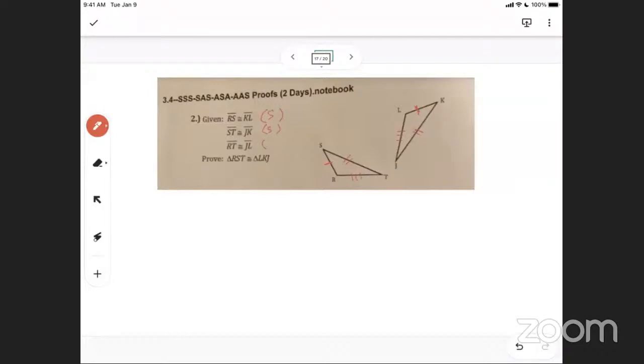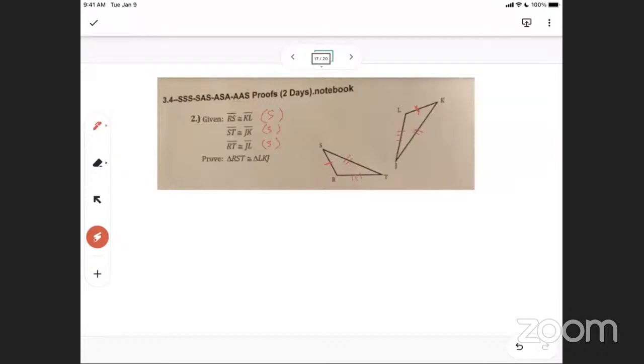How about the last one? Side. Yeah. So which of those 4 properties do I have? The SSS one. Yeah, I got side, side, side. Do I even need an angle? No. I don't need an angle, because side, side, side is one of the triangle congruence properties or postulates or whatever they call it.